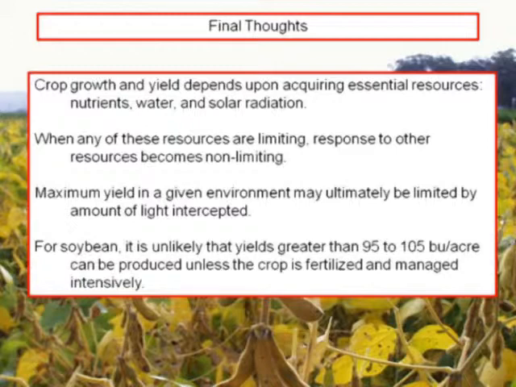His yield in that year was 118 bushels per acre. I was in the combine when he cut it, and the yield monitor never dropped below 105 on a production field. So he's not concerned in his contest field about the bottom line. He's just saying this is what the maximum yield could be.